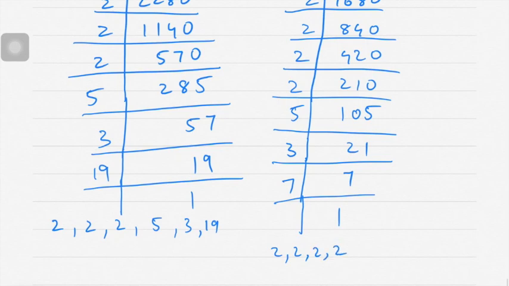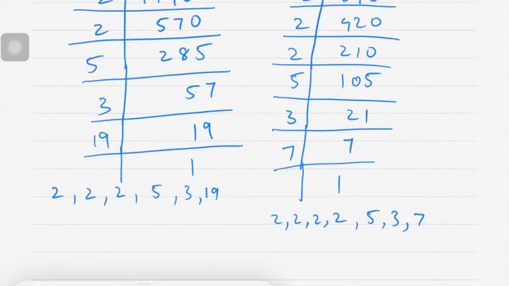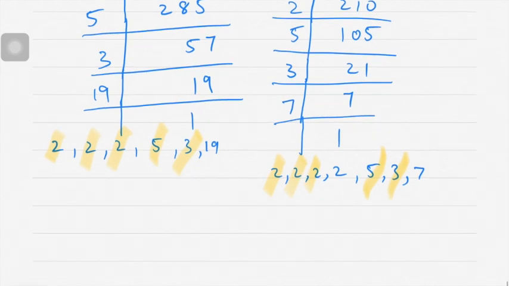Prime factors of 1680 are 2, 2, 2, 2, 5, 3 and 7. Okay. So what are the common numbers? Common prime factors 2, 2, 2 and 5 and 3 also, right? Okay. So these are my prime factors.